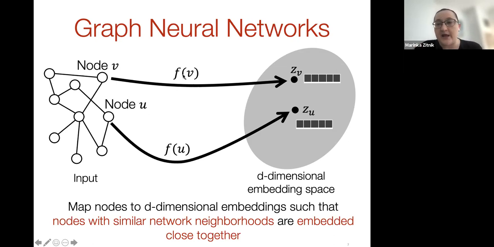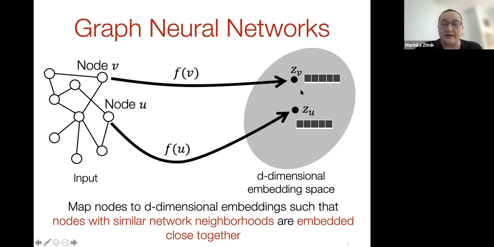And so a graph neural network specifies a deep transformation function f that maps every node in that input graph to a compact vector embedding, such that 2 nodes in the input graph that have similar network topology, that have similar local neighborhoods, are represented by points in the learned embedding space that are close together. So why is that important?